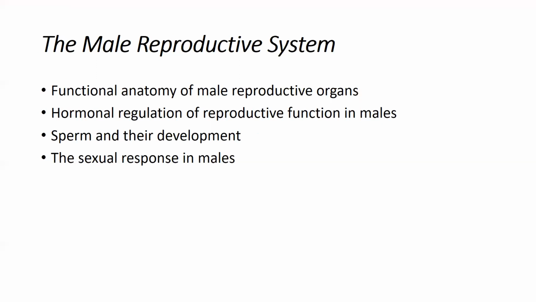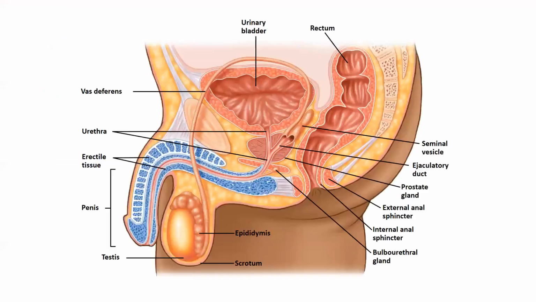We'll also talk about sperm and how they develop and travel towards the penis. And then we'll talk about the sexual response in males, which includes those three phases, which we will get to, right? How the male responds to sexual stimulation.